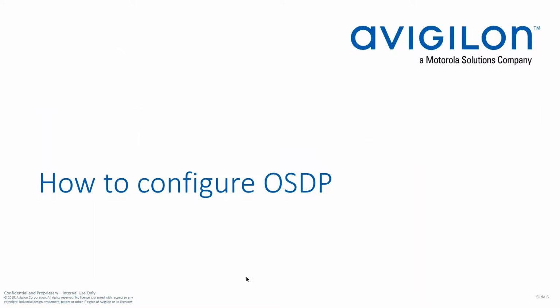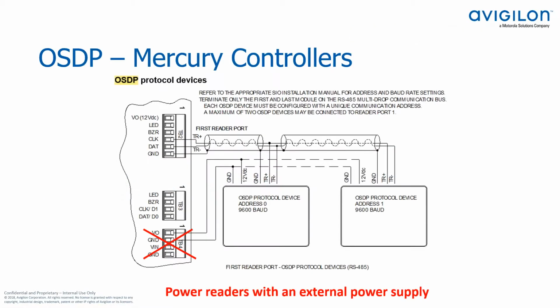So how do you configure OSDP? I'm going to spend a little bit of time on this slide. I found this on the internet, and you will see this slide all over the place. If you look for OSDP wiring with a Mercury controller, you most likely will come across this. And this presents a problem.